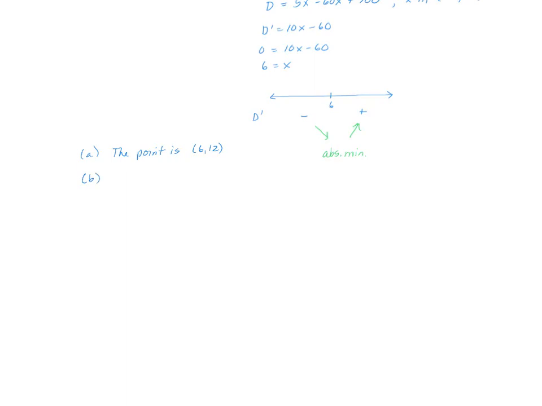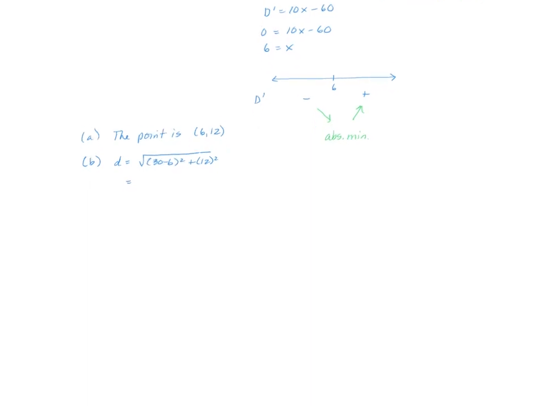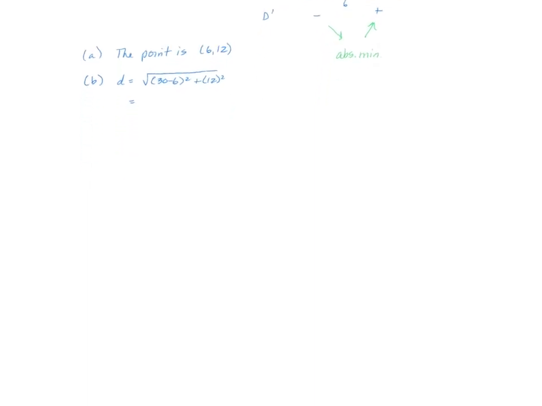Part B was, what is the minimum distance? So we just have to plug that back into the distance formula to get the square root of (30 minus 6) squared plus 12 squared, since x is 6. Let's see, after doing a bunch of work, I get the square root of 720, which is 12 square root of 5, I believe.